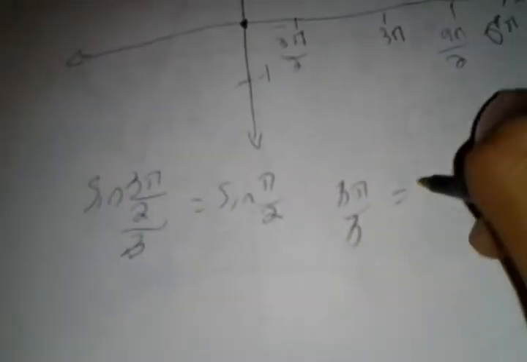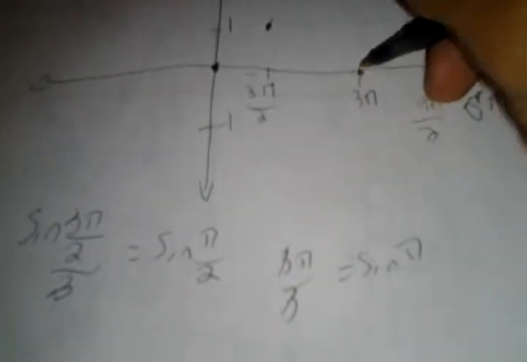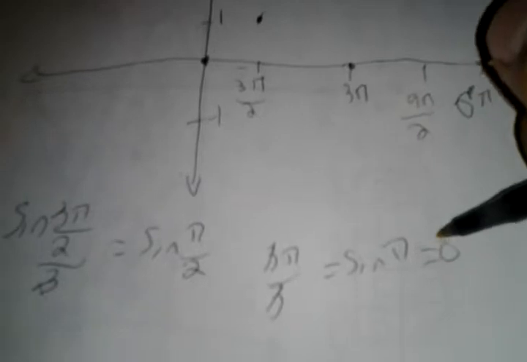What's sine of pi over 2, guys? We already know it's 1. Now, sine of 3 pi is representing 3 pi over 3, so these cancel out, and it equals sine of pi, which equals 0.